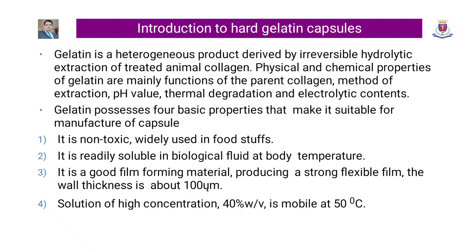The wall thickness is about 100 micrometer. And number 4, solution of high concentration, maybe up to 40% weight by volume, is mobile at 50 degrees centigrade. So these properties are good for the gelatin to convert into the hard shell.